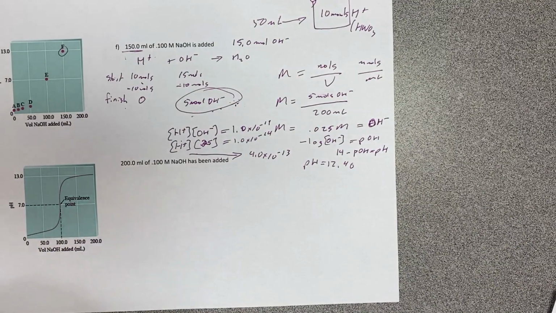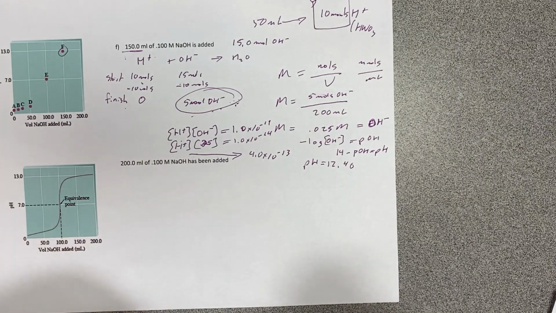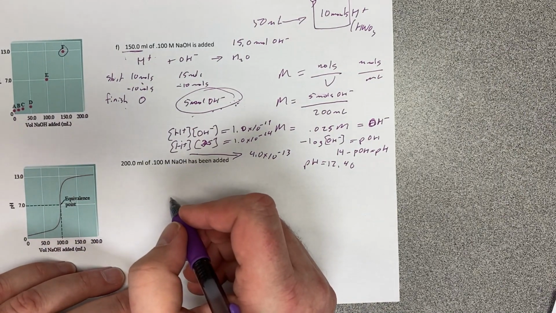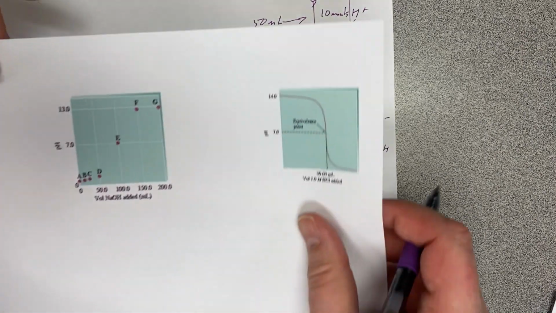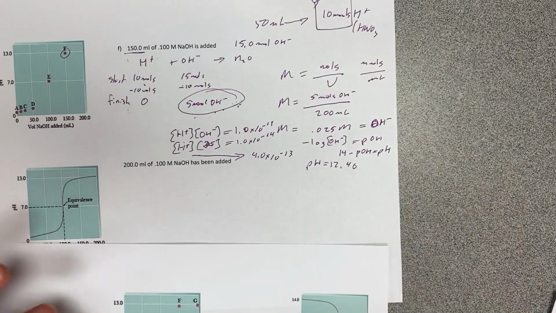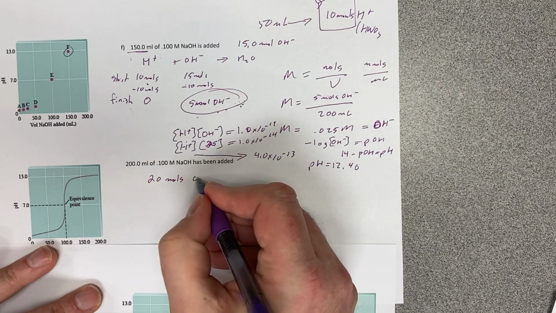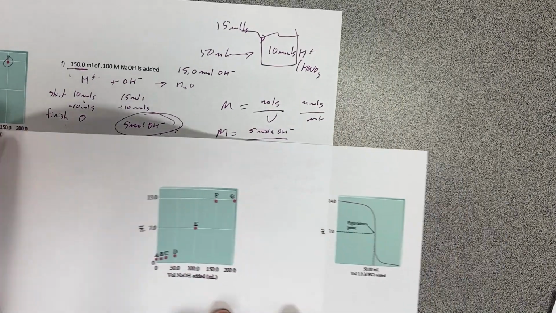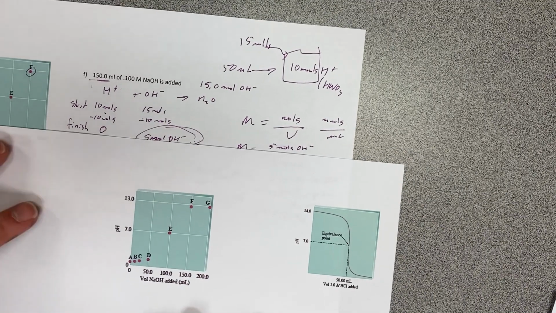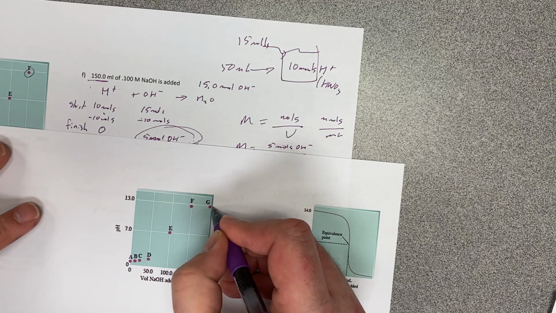Now, typically what they do is they do one final point that's just so far gone that it's not even really a reasonable point to deal with. And in that case right here, we deal with something like this. The graph's got a little bit backwards, but do you see how in this case, they did 20 millimoles of the OH minus. If you take 20 millimoles of this, you're going to see that the pH kind of evens out after a while, right?